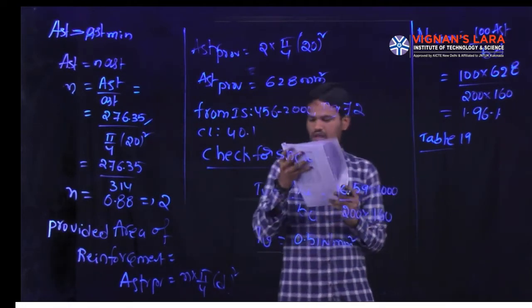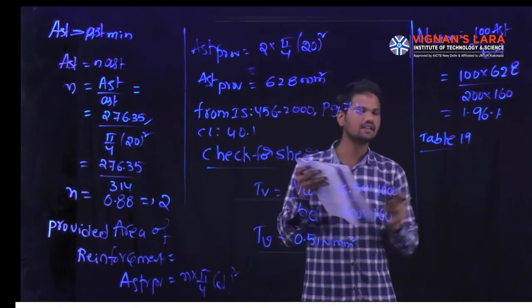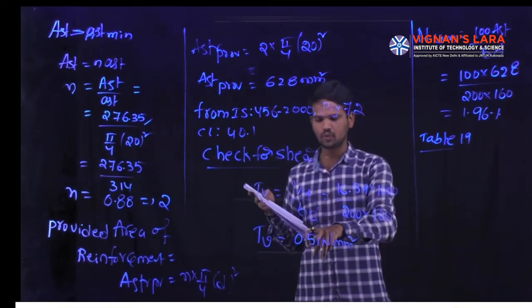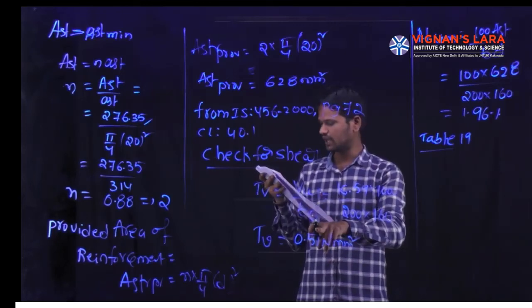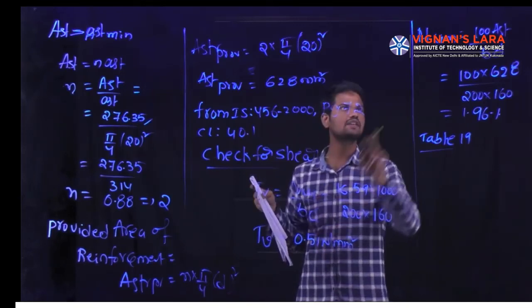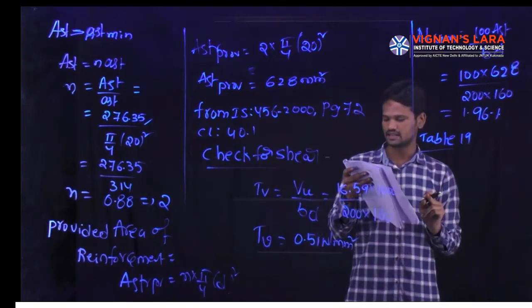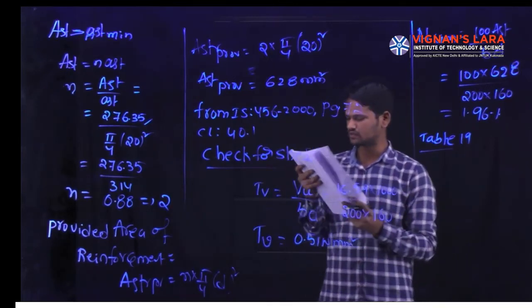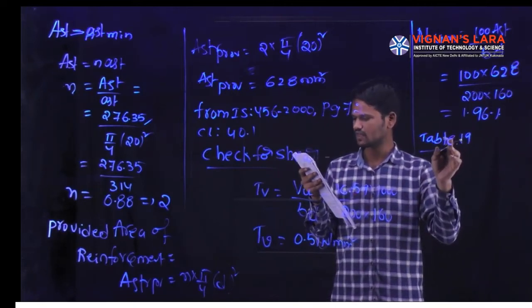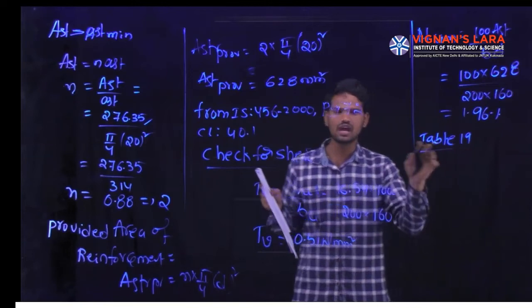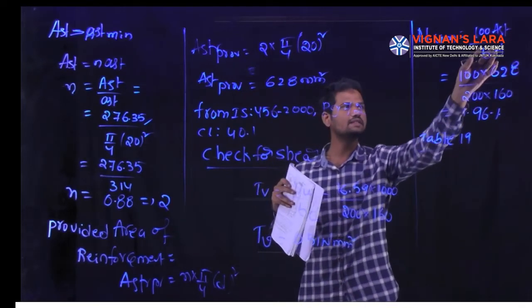From this code book, I am taking the value for 1.96. We don't have a 1.96 value directly in the table for this shear stress.